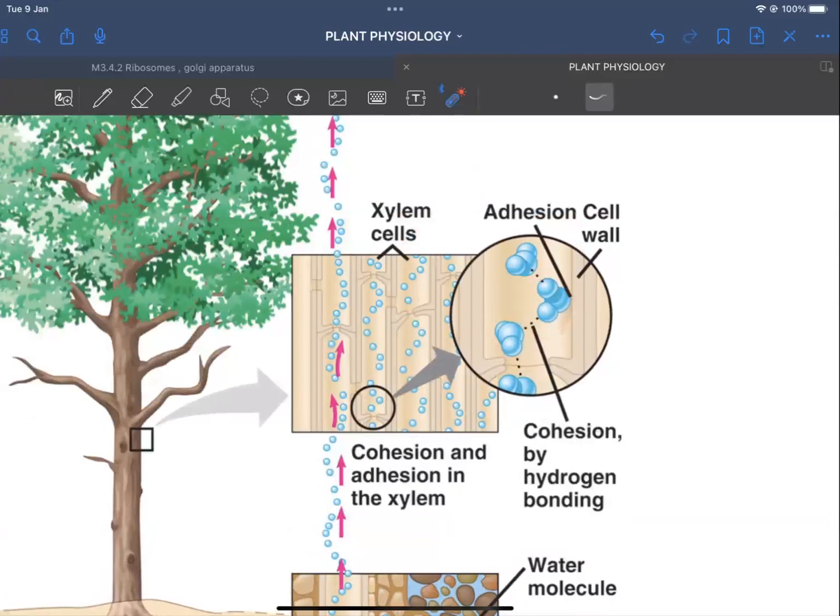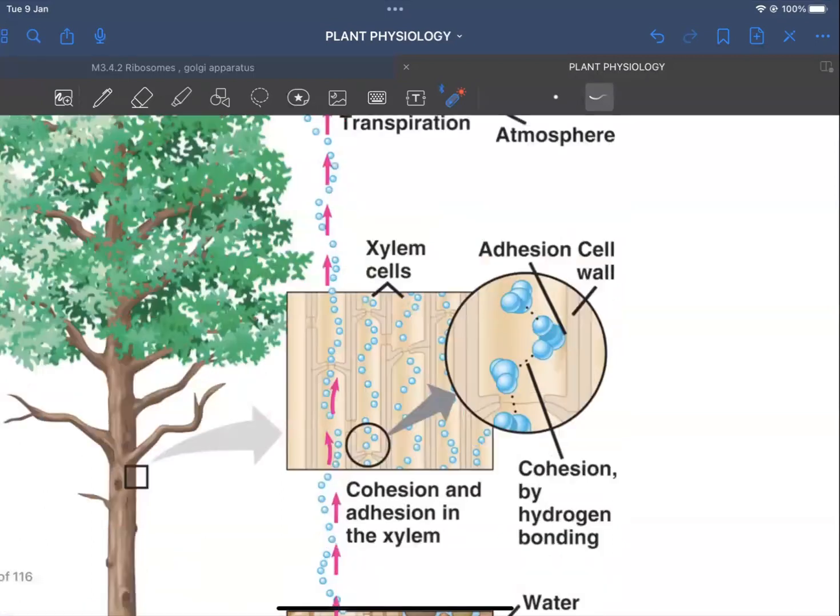At the same time, they have adhesion force as well, where the water molecules will be attracted to the cell wall of the xylem. Due to these two forces, water is transported against gravity. Without the cohesion and adhesion, it is impossible to pull the water molecules from the ground against gravity.